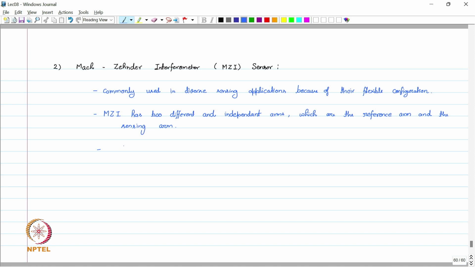Here this reference arm is kept isolated from external variation, and only the sensing arm is exposed to this variation.